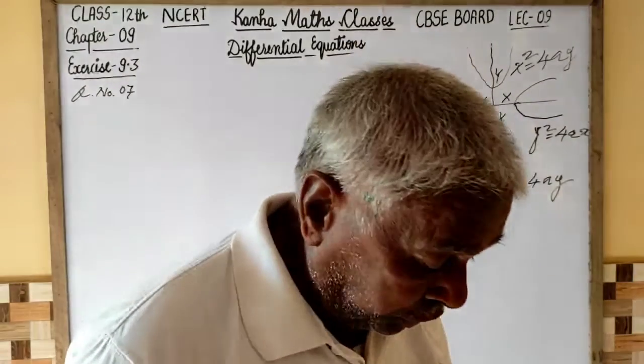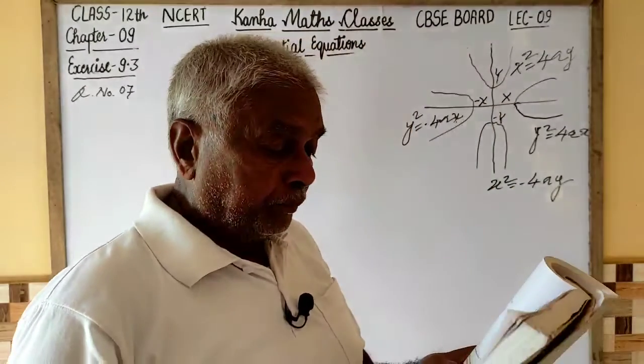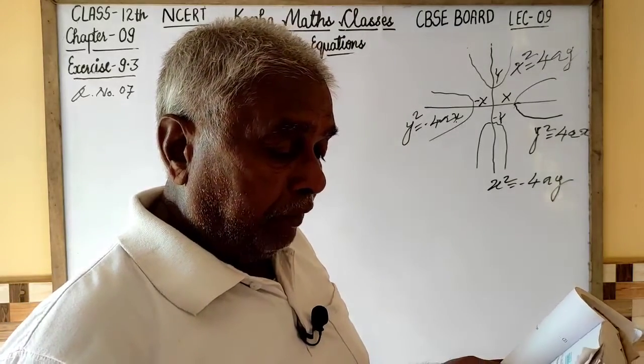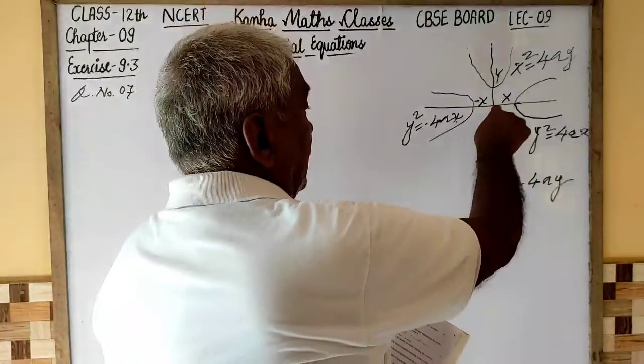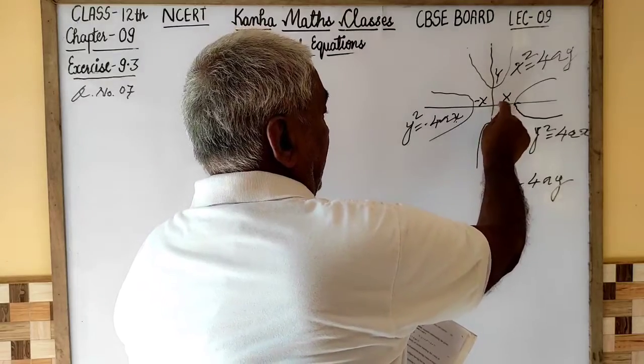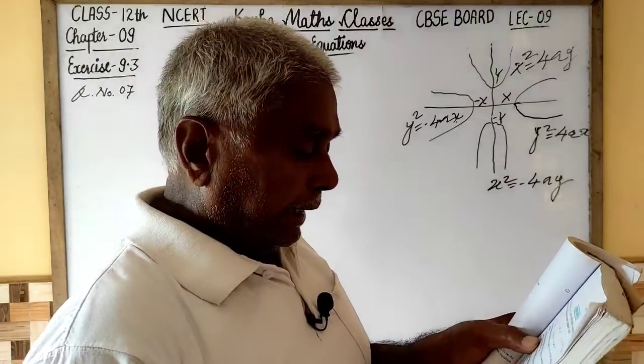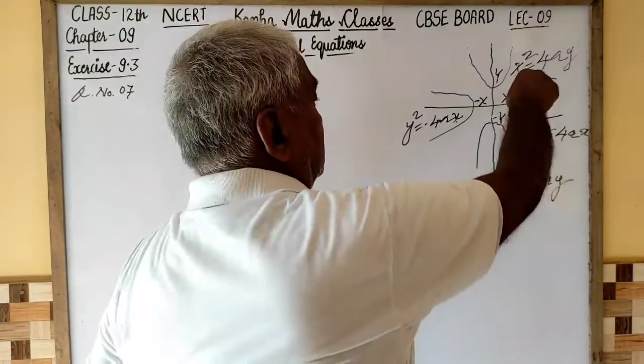Here in the present question it is given that the equation of family of parabola having vertex at origin, in all the cases vertex at origin O, and axis along positive y-axis.